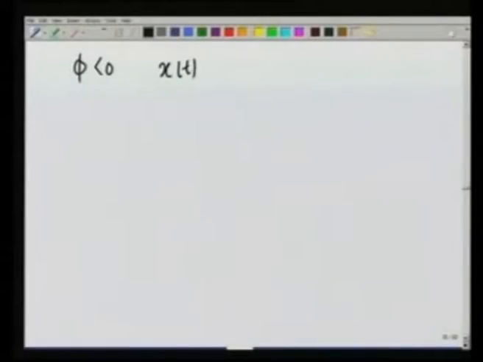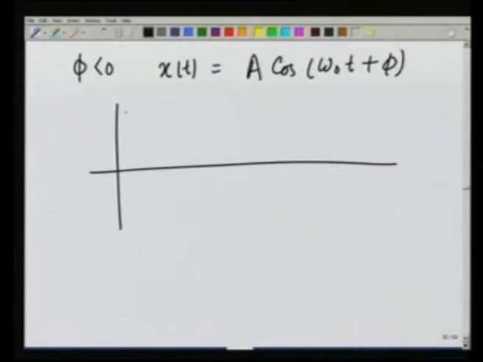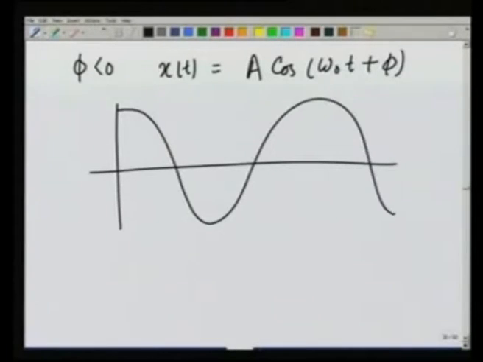Let us look at the case when phi is less than 0. So that xt, which is equal to a cosine of omega 0 t plus phi, would be such that if I were to take the case of phi is equal to 0, the motion would catch up. It will achieve the phase which it had at 0 at a slightly later time.